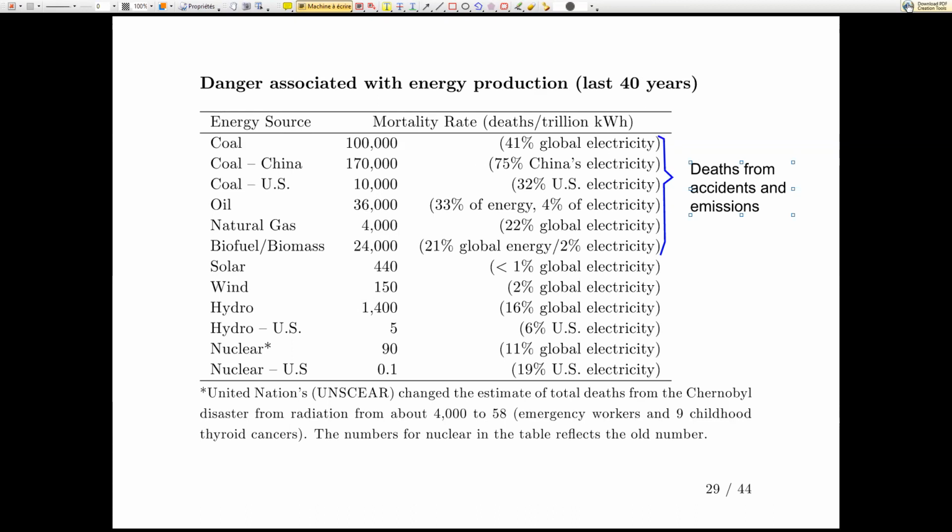It's actually the worst accident for any electricity production source ever.